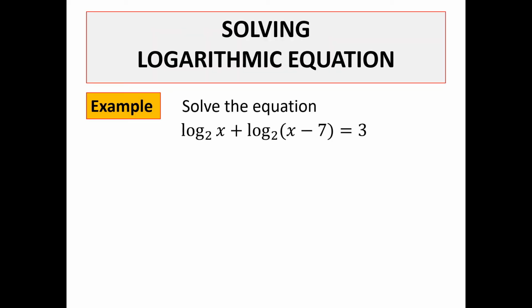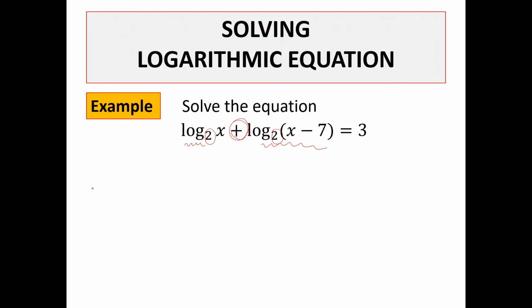Solve the equation log x base 2 plus log x minus 7 base 2 equal to 3. So now we have two logs with the same base and the addition as an operation. So clearly here we can apply law number 1.